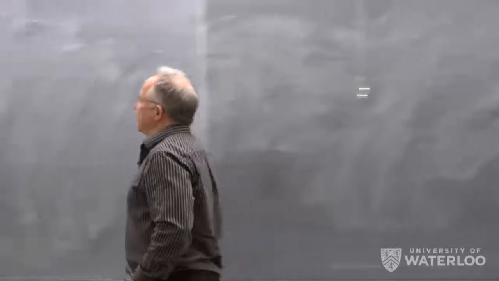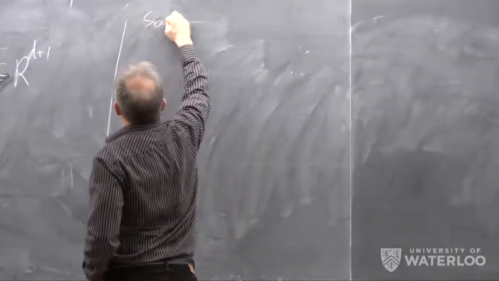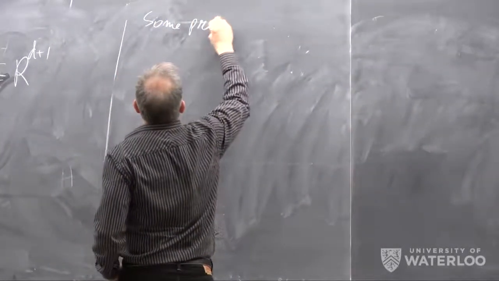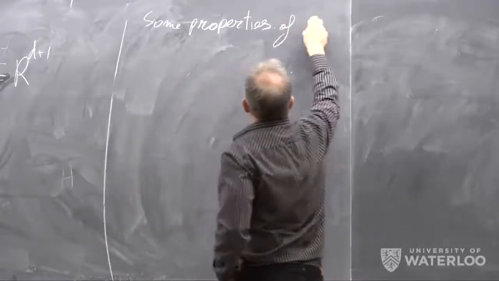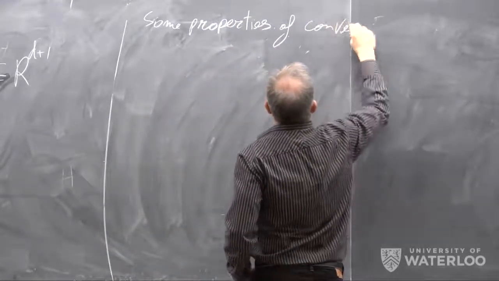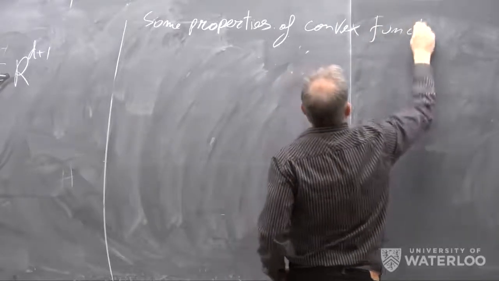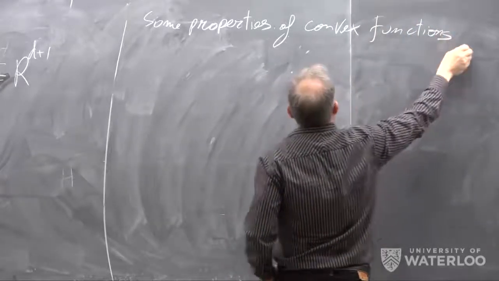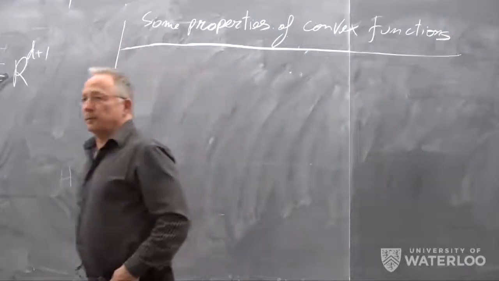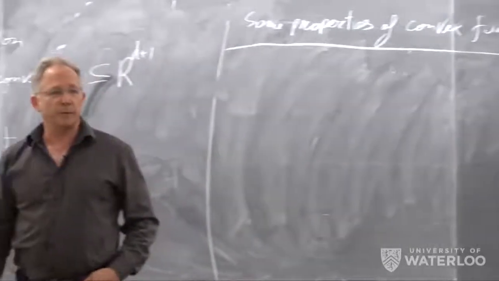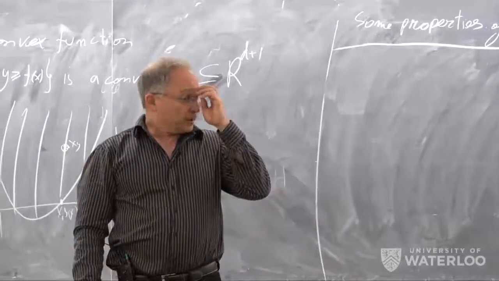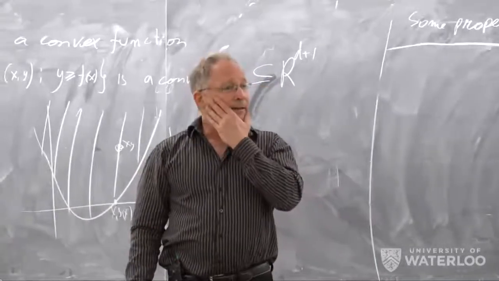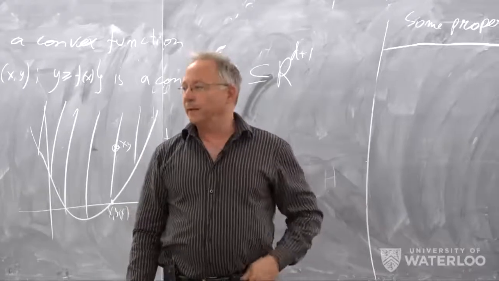Let us look at some properties of convex functions. And the first and maybe the most useful property for our purposes is that convex functions do not have local minimum.